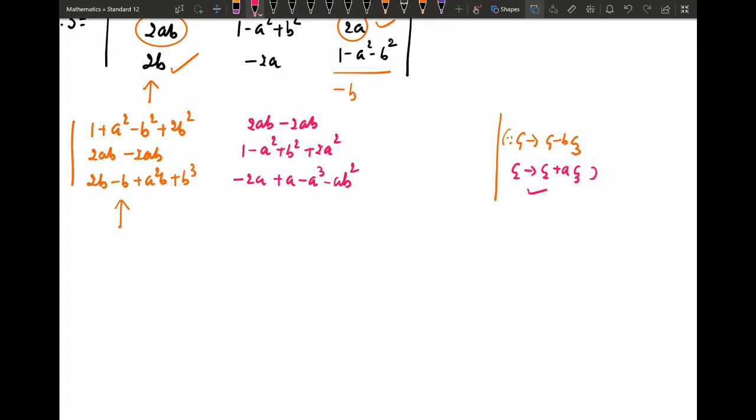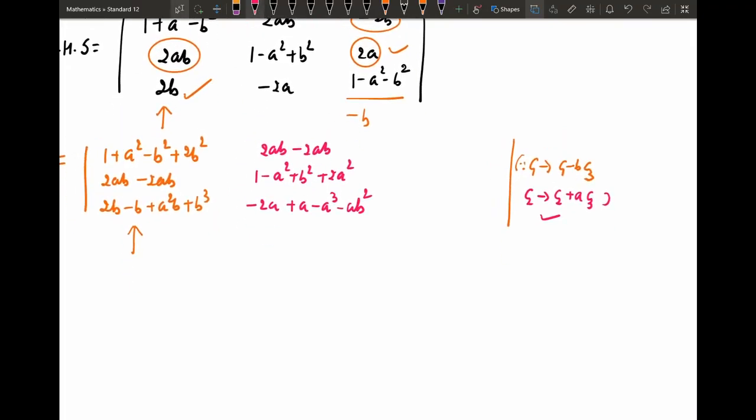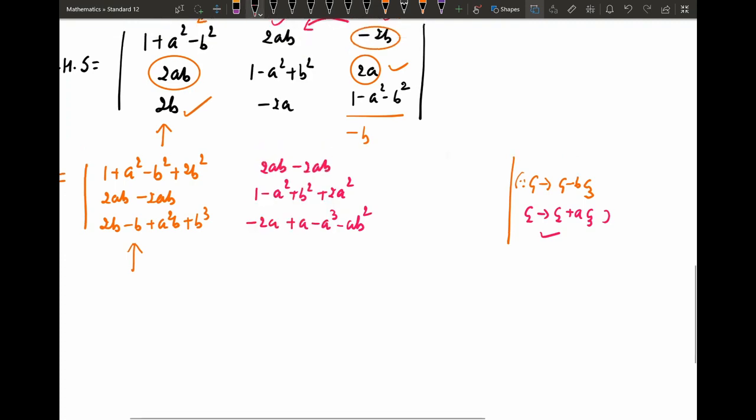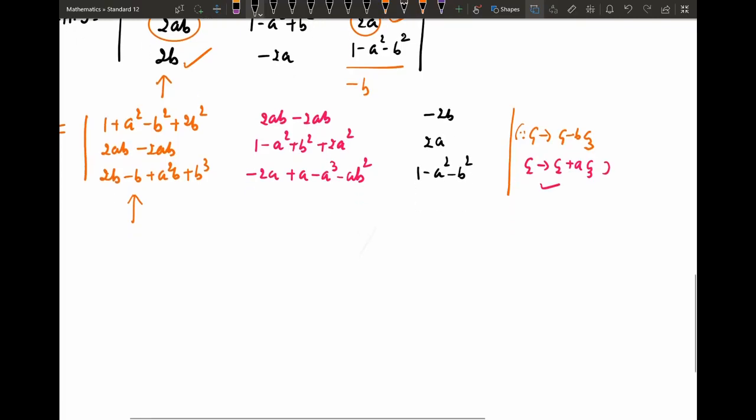At the same time we can also use row operation. Now third column as it is, minus 2b, 2a, 1 minus a square minus b square.